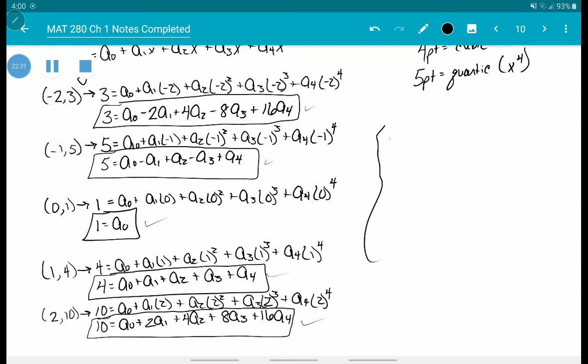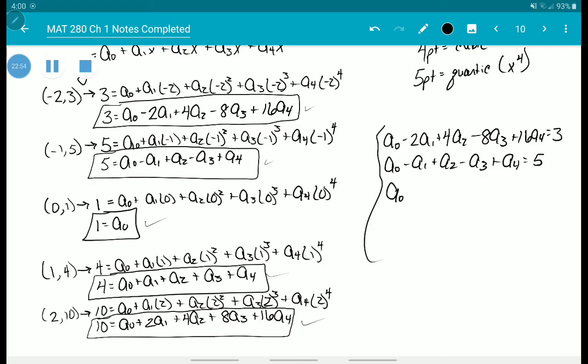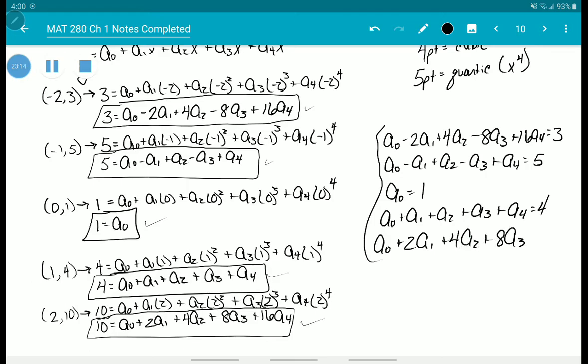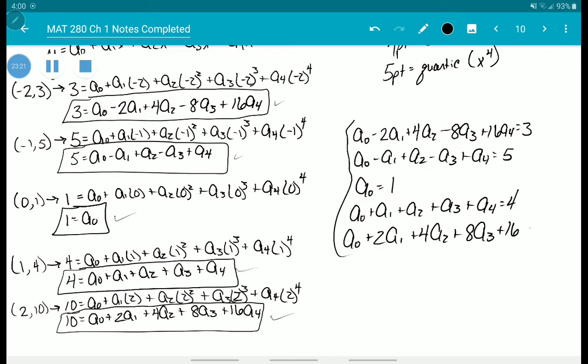So our system, and I'm going to write this with the variables on the left and numbers on the right. So there's our system.